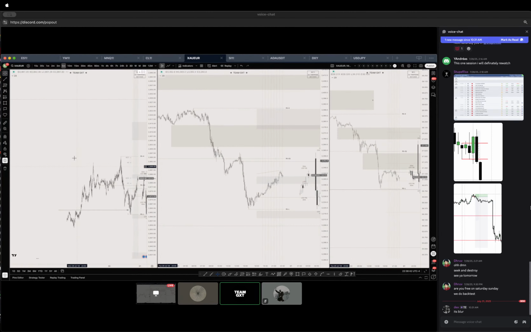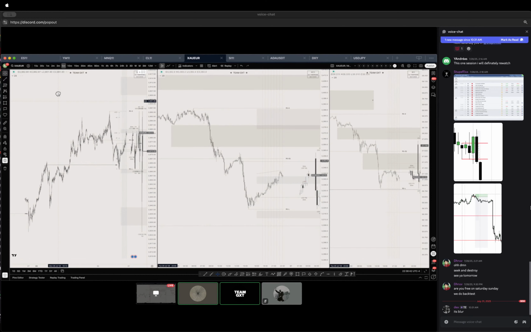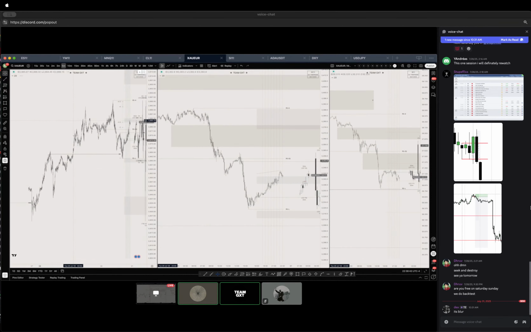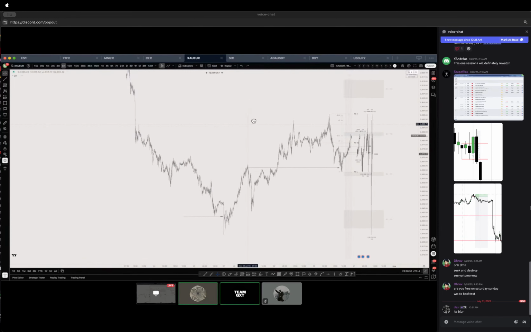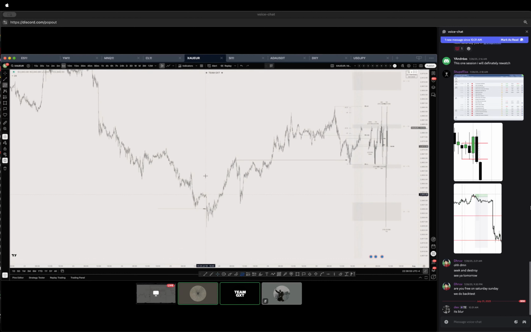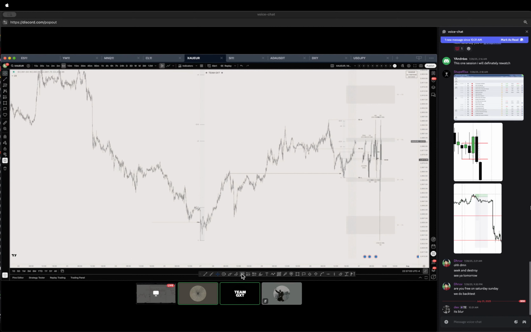So, actually, I think it's a much bigger market maker buy model. Let's look at this actually on the higher time frame. Yeah, look at this. Okay, let's pull it from here. This is actually better. There we go. That's making more sense.